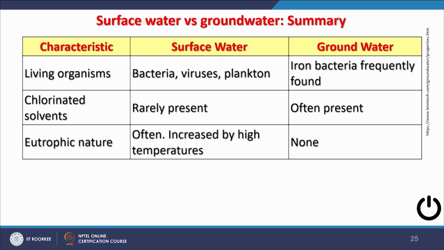Of course, chances of getting bacteria, plankton and viruses in surface water are very high, whereas in groundwater, iron bacteria are frequently found. Chlorinated solvents are rarely present in surface water, often present in groundwater, and eutrophic nature often increases with high temperatures, but in groundwater it is none.